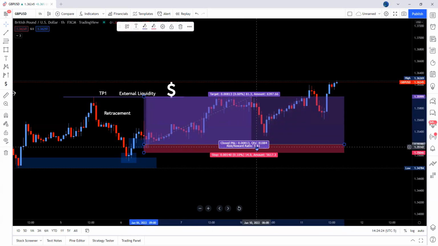I made 5.8%. 5.8% on a $100 account is $5, which is a lot. That's great. I have a nice buffer for my account to keep growing. Another win, that's another $5, another win, another $5.